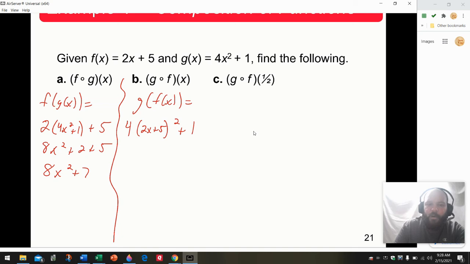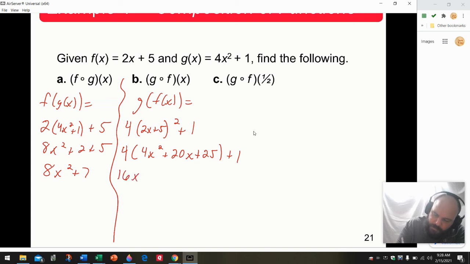So we need to FOIL 2x plus 5. So when I FOIL 2x plus 5, I'm going to get 4x squared plus 20x plus 25. And if you need to FOIL that by hand, go ahead and do that. You can do that off to the side and do some scratch work for that. Now the 4 is going to get distributed to everything.